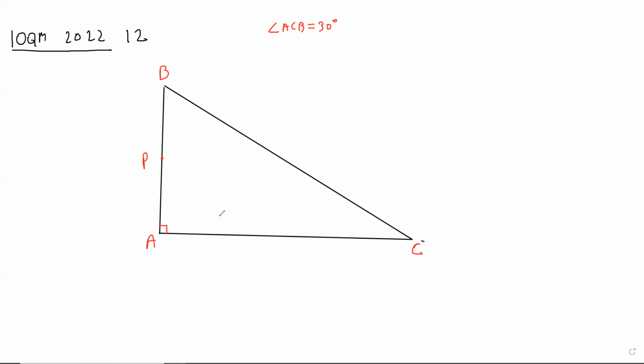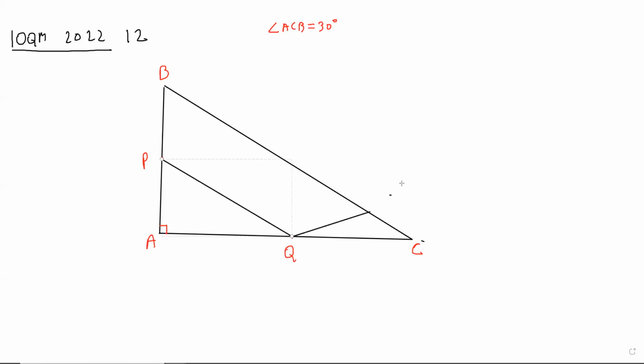Okay, that was just unnecessarily written, I think. Yeah, this is simply PQR, and BP will be equal to QR. Something like this, right?